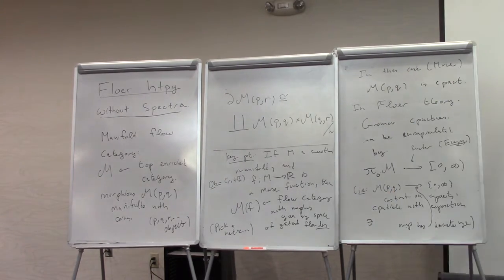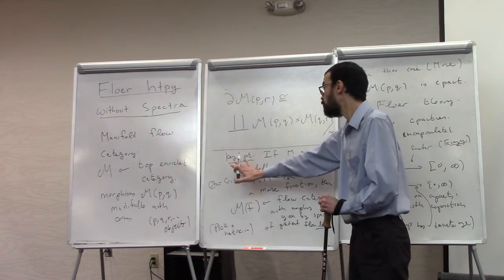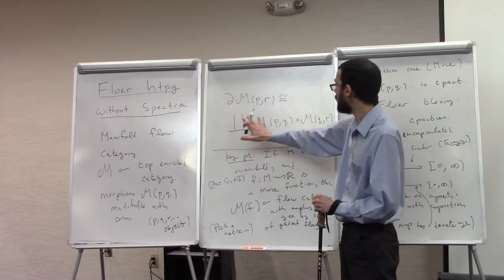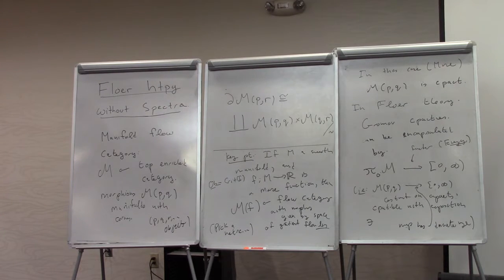You say, well, I know that if there were no moduli spaces whatsoever, there were no morphisms, then the answer would be a direct sum of copies of, let's say, the stable homotopy groups of spheres or of KU of a point, indexed by the number of critical points. And then you just say every moduli space gives me an element, at least the first one gives me an element of the stable homotopy groups of KU and so on and so forth. And then you kind of inductively try to glue it. Current approach.